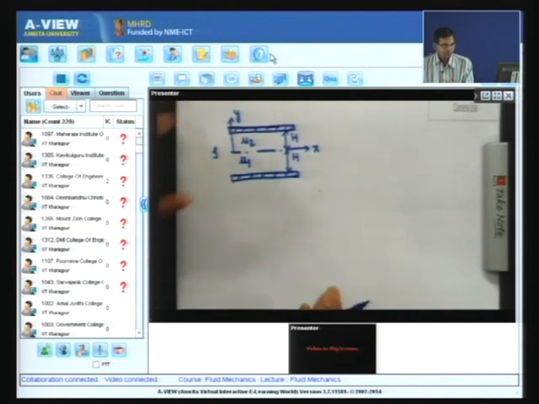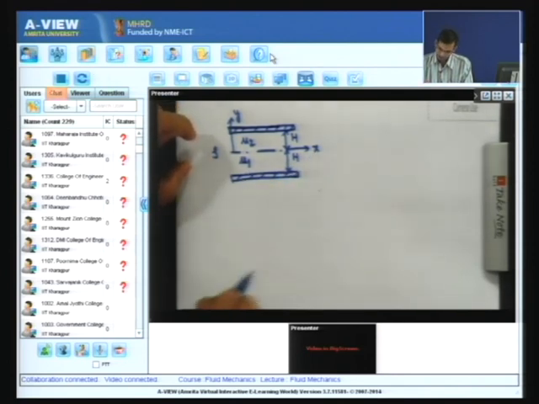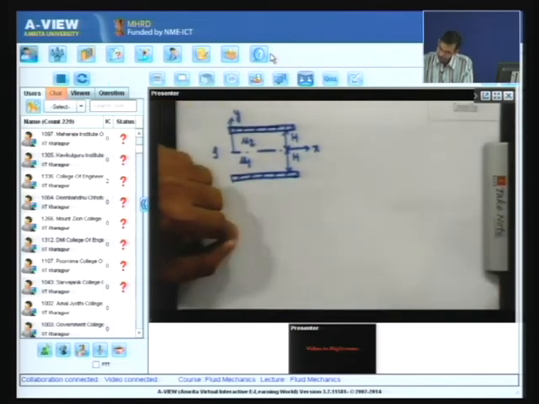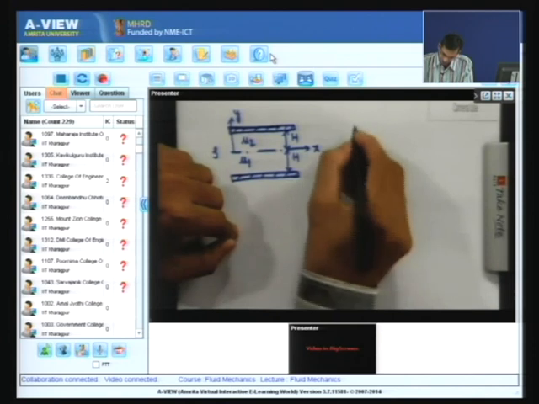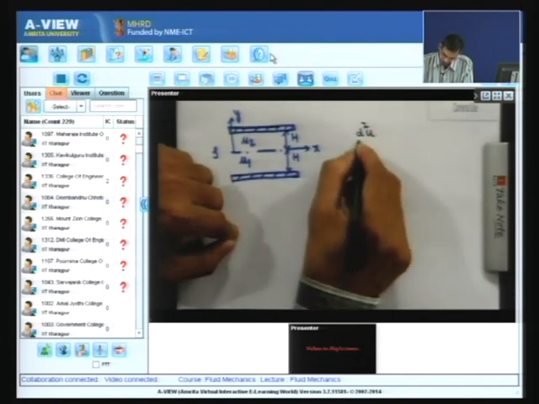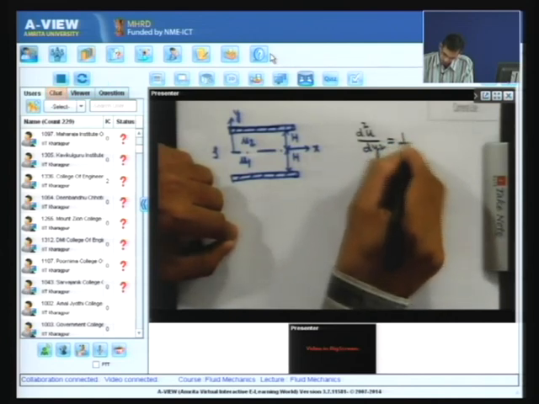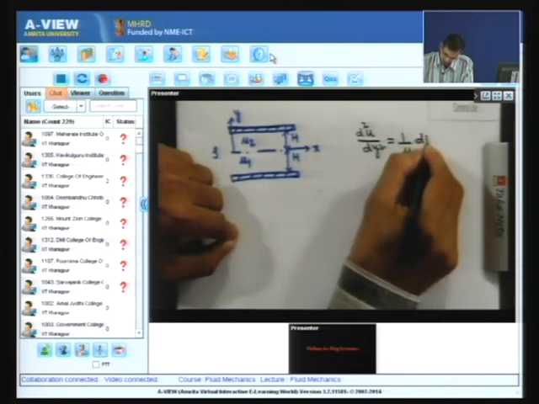For that you have to start from the Navier-Stokes equation in the Cartesian rectangular coordinate system. If you remember, the equation simplifies to d2u/dy2 = 1/mu dP/dx.